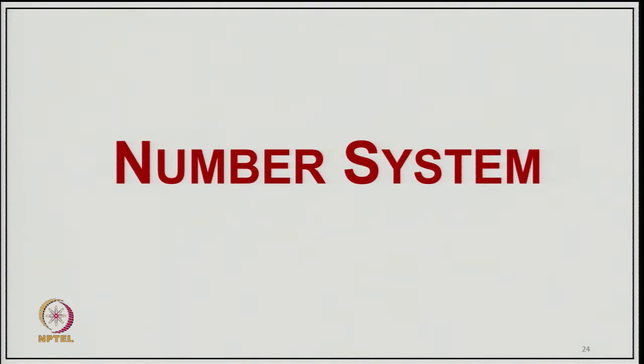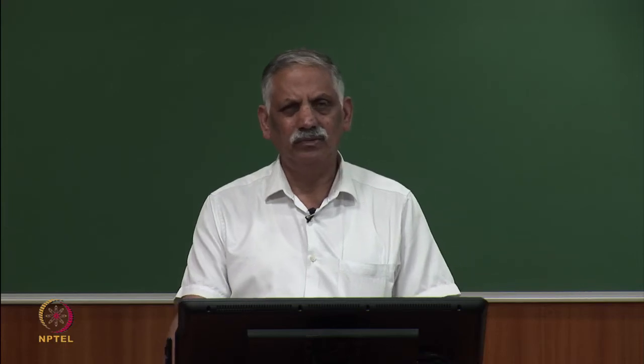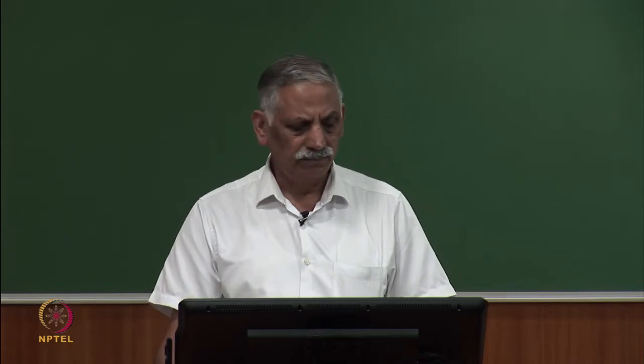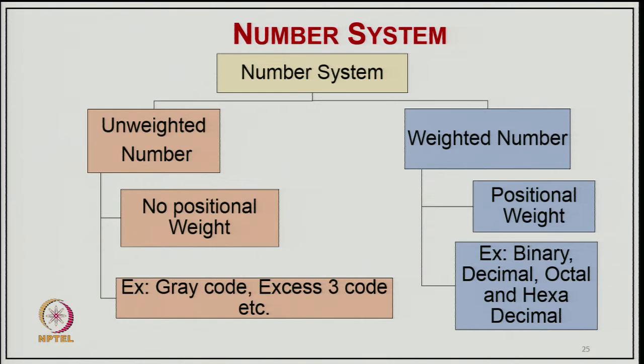Then you have the number systems, which are used in digital systems either for design or for handling the total digital system. We have unweighted numbers and weighted numbers, that is, no positional weight or positional weight. Typical examples of unweighted codes are Gray code and XS3 code.